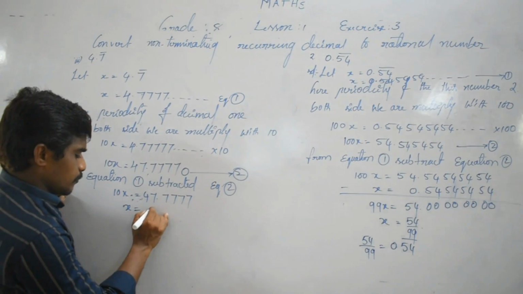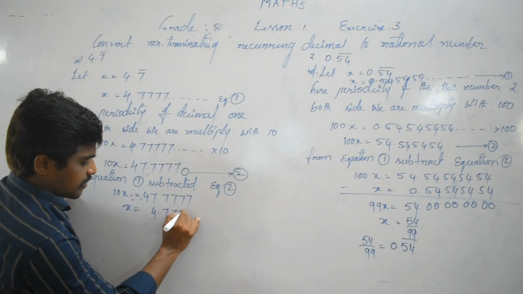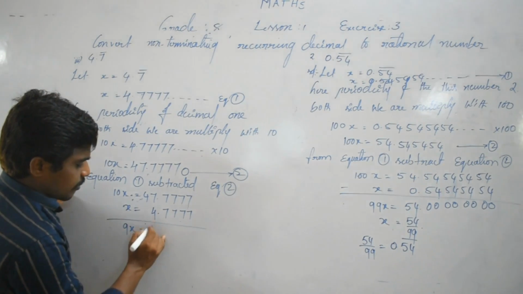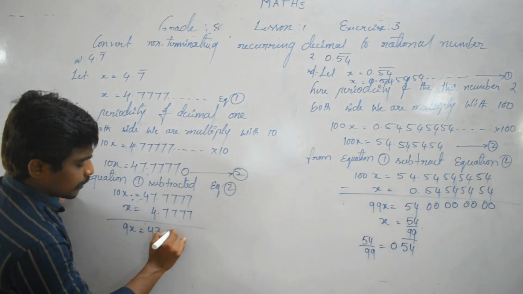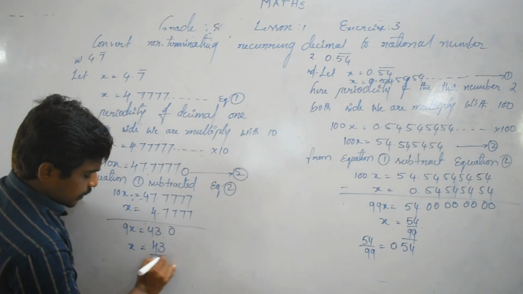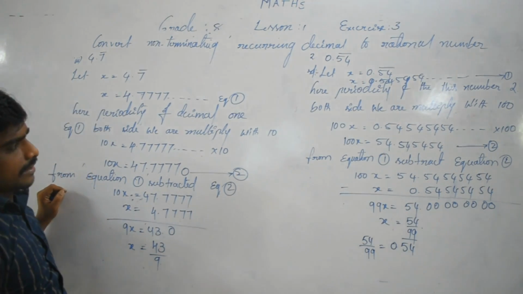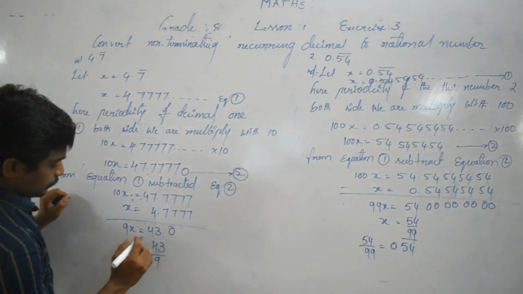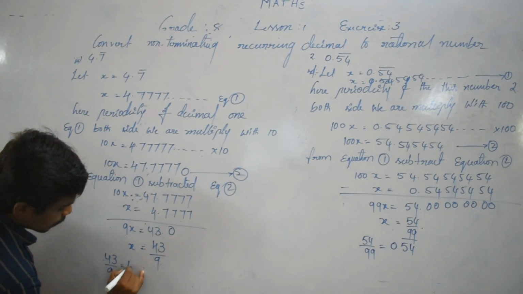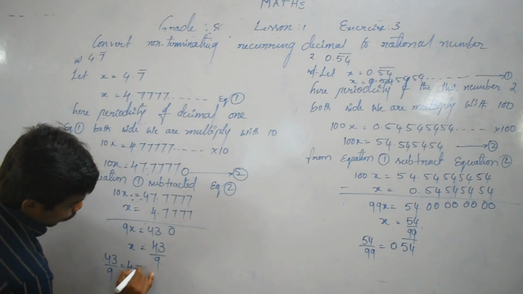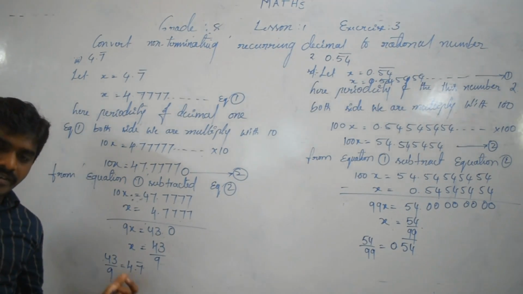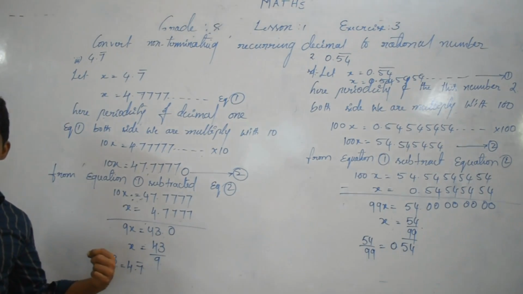Equation 1 is 4.7777. So 9x equals 43.0. x equals 43 by 9. So 43 by 9 is 4.7 bar. That is, 4.7 bar as a rational number is 43 by 9.